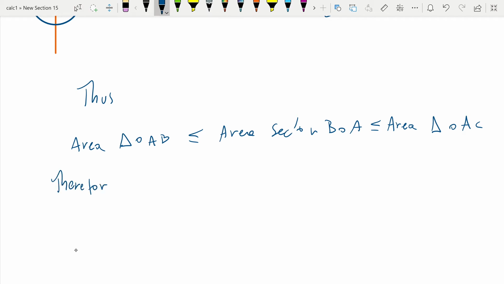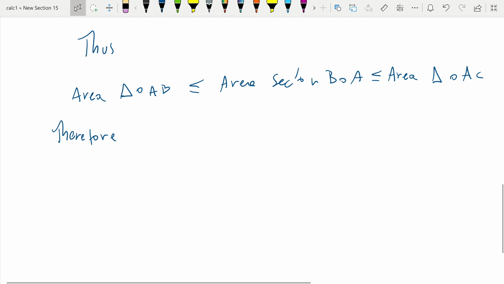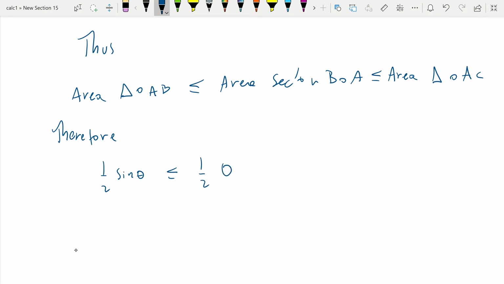So therefore, the area of the first triangle, we computed it to be equal to 1/2 sine of theta. The area of the sector was 1/2 of theta, and then the area of the bigger triangle was 1/2 of tangent of theta, which is equal to 1/2 of sine of theta over cosine of theta.